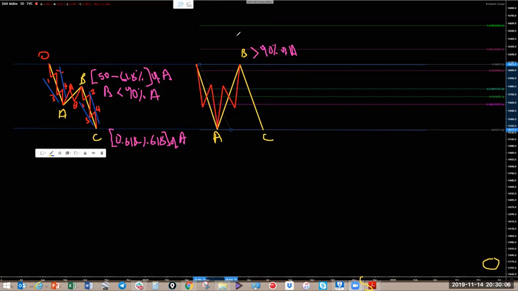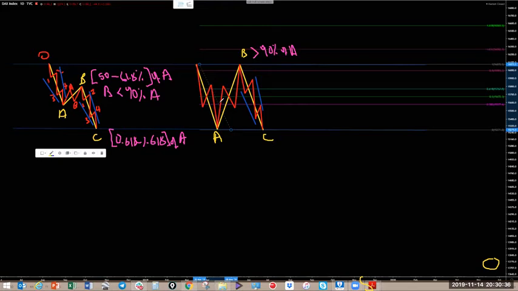You'll never find a wave C that has got 3 waves, but the only one that you're going to have with 3 waves is A on a single flat correction. Now let's put on the 5 waves for a C here, because they're saying that a C will have 5 waves, 1, 2, 3. Whether this is an impulsive wave or a diagonal, it can be either. It can be a diagonal or it can be a 5-wave move, 5-wave impulse.